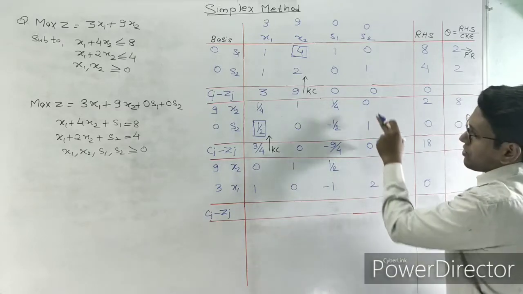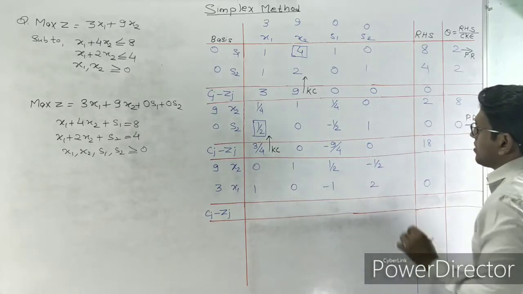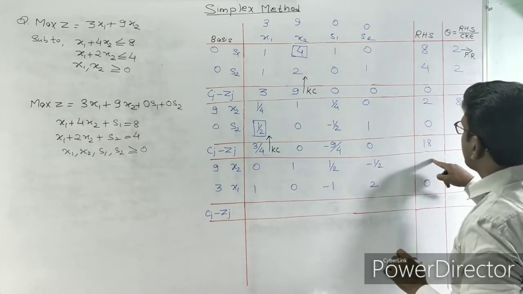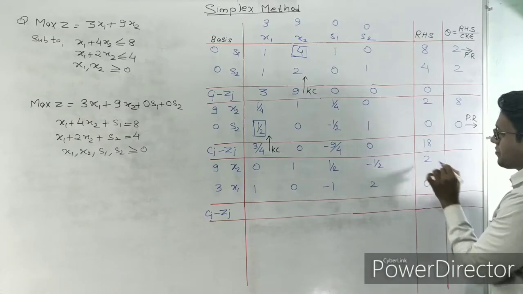Similarly this is minus 1 by 2, and this is coming as 2 minus 0 is 2.